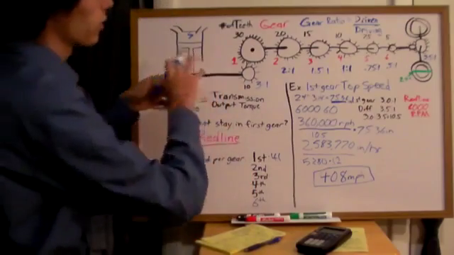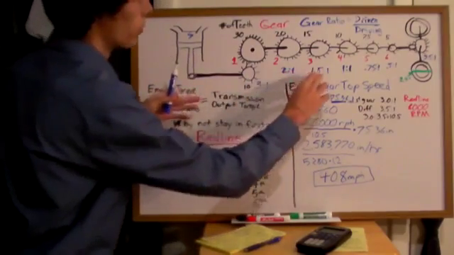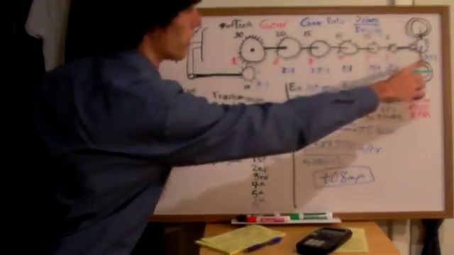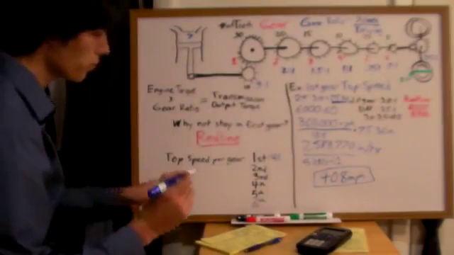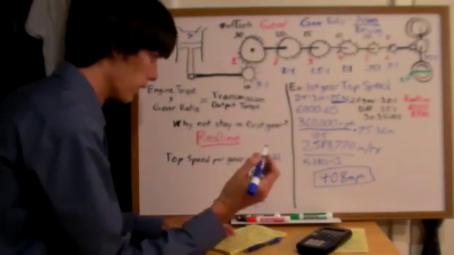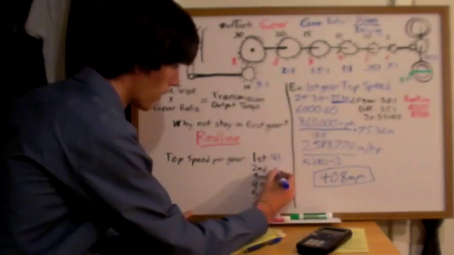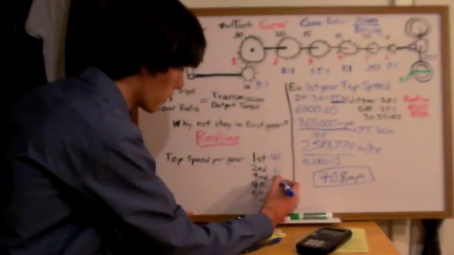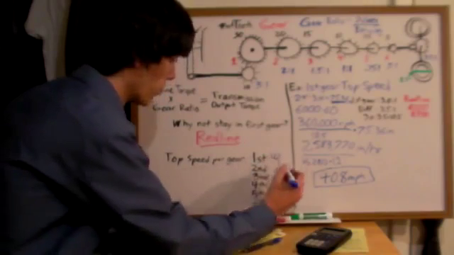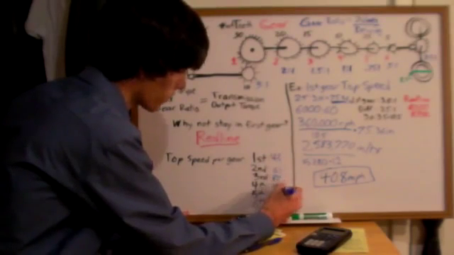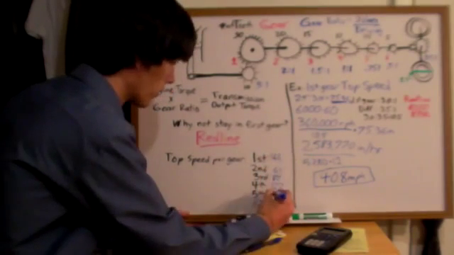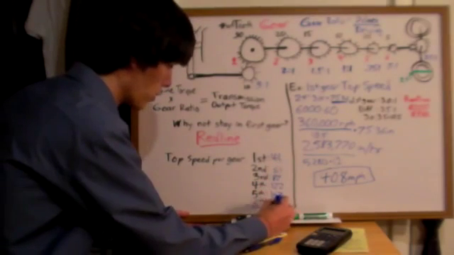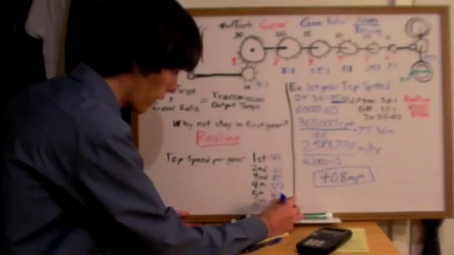For these gear ratios that I've got here, 3-to-1, 2-to-1, 1.5, 1-to-1, 0.75, and 0.5-to-1, with a differential gear ratio of 3.5-to-1, your max speeds are going to be 41, 61, and these are in miles per hour, 82, fourth gear is going to put you at 122, fifth gear is going to be 163, and sixth gear will limit you at 245.